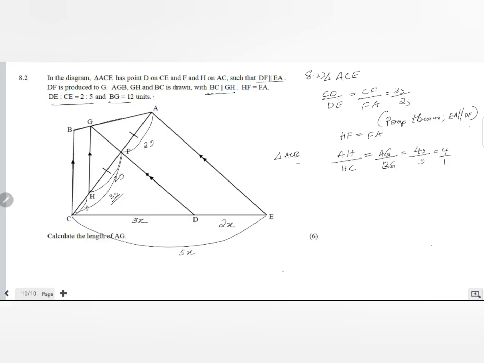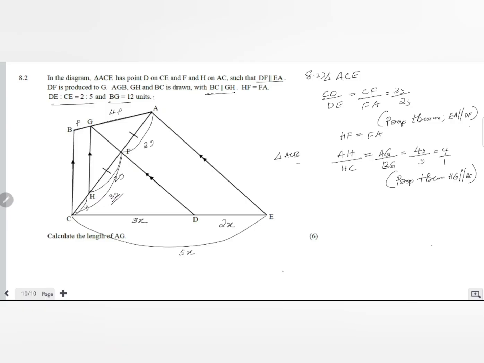Since it's another side, I am using another variable. Let me use 4P and P, isn't it? So here also I used what? Prop theorem. Which two lines are parallel? HG is parallel to BC. Okay, so the proportionality theorem in the second triangle.